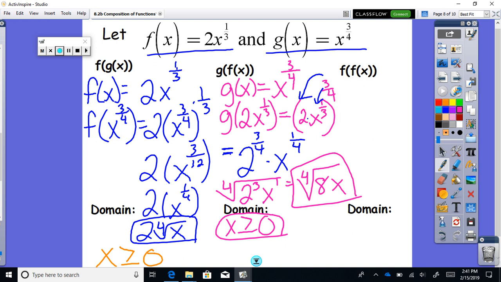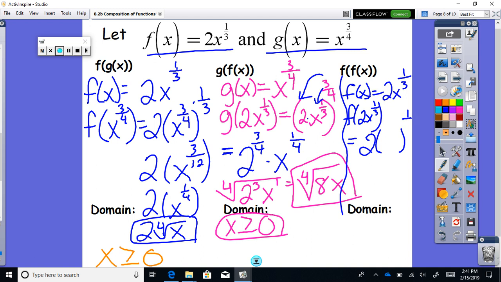F composed of itself. Start with f of x equals 2x to the 1/3. We're composing it of itself, so I'm going to plug in 2x to the 1/3 and 4x. I'm running out of room, so I'm going to write that again. So I'm going to have 2.